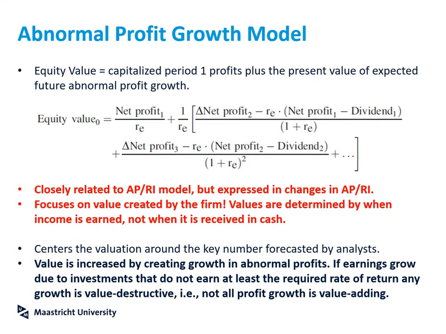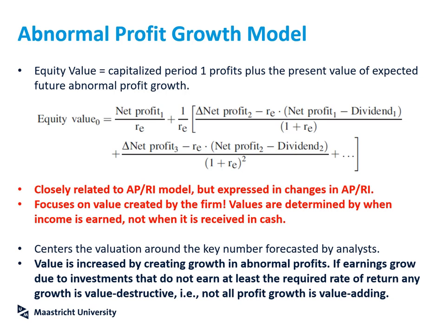So as an alternative, we can also use the abnormal profit growth model. And this model is closely related to the abnormal profit or residual income model. But instead, what we use here is not levels of abnormal profits, but we will make use of changes in abnormal profits. And we basically say that the equity value can be seen as a function of capitalized period 1 profits.